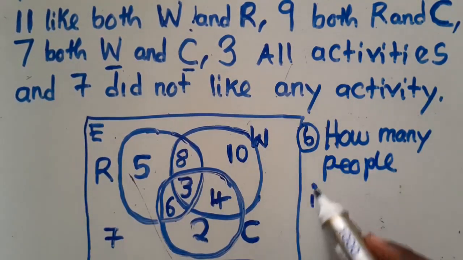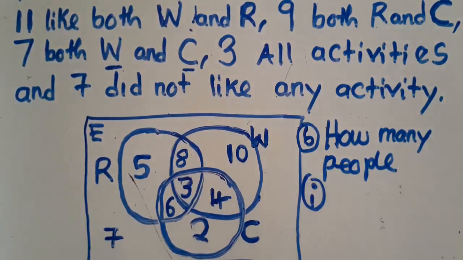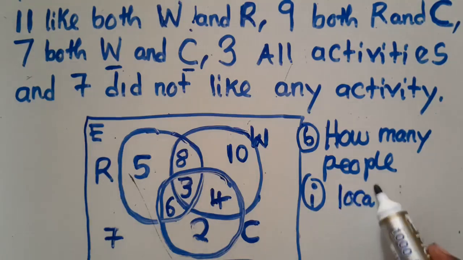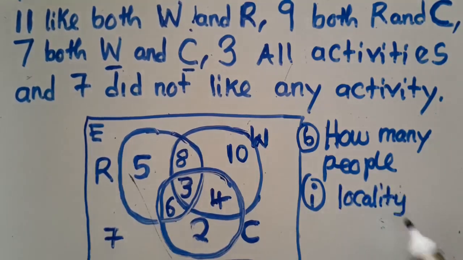First question, how many people are in this locality? How many people are in this place? In a particular locality, we had 25 people like walking, 22 running. So in this locality, how many people are there?